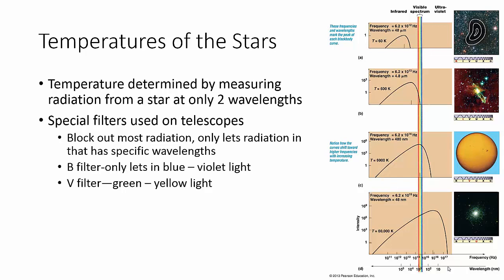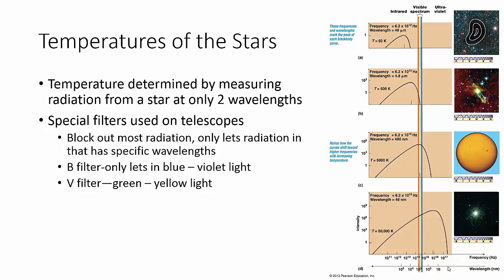Now, what's really interesting about this is that you can determine its black body line or black body spectrum from only two wavelengths. We call it the blue filter, or the B filter, and the V filter. So the blue-violet filter and the green-yellow filter.